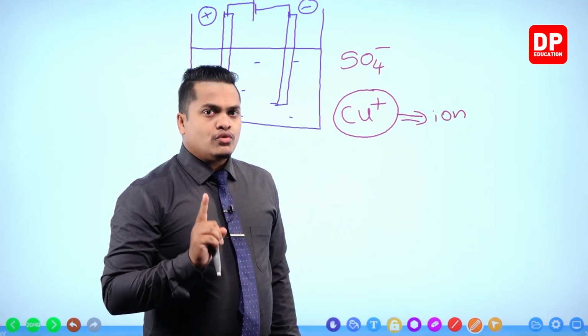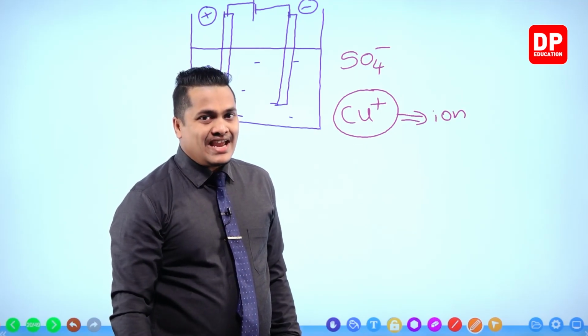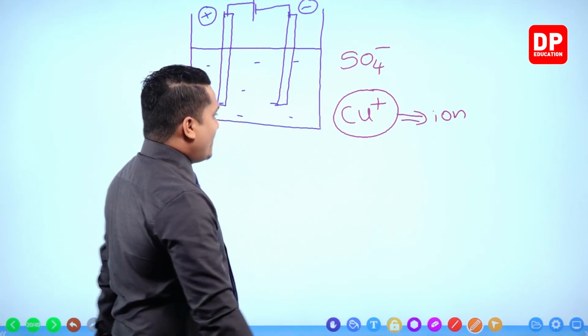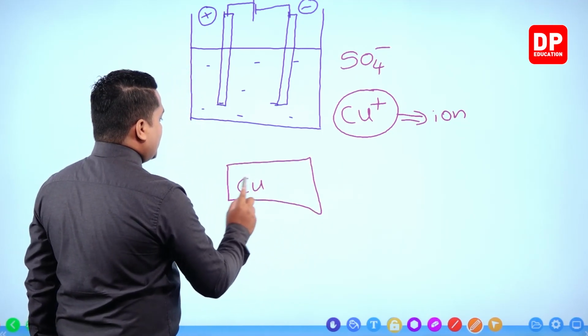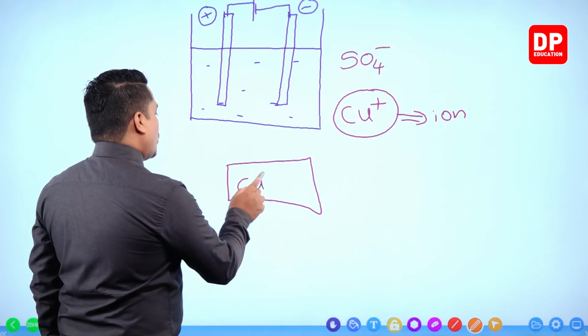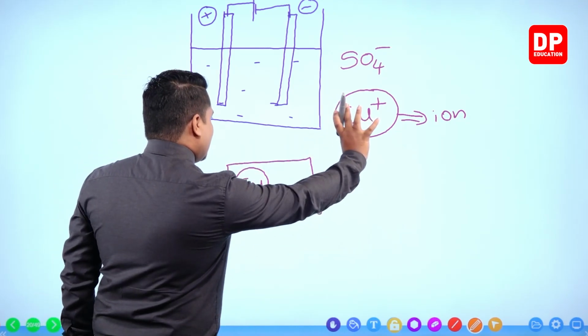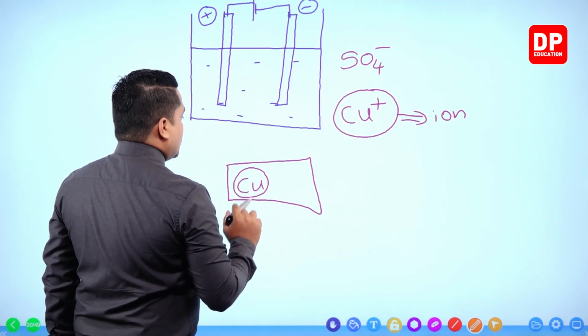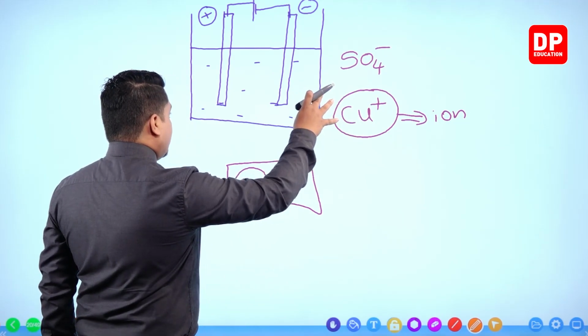So if you want to recreate the copper metal, in the copper metal, my dear children, the copper atom has the same number of electrons, not like here, but before it.